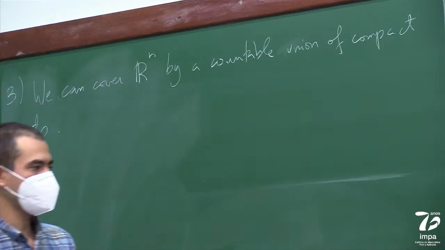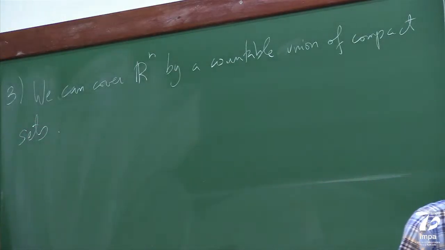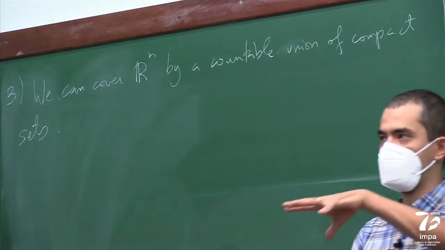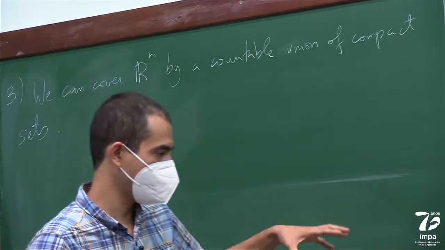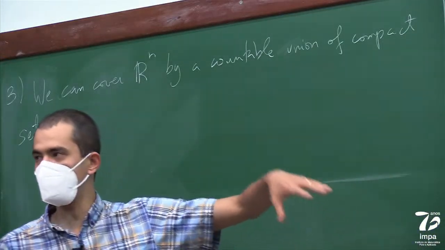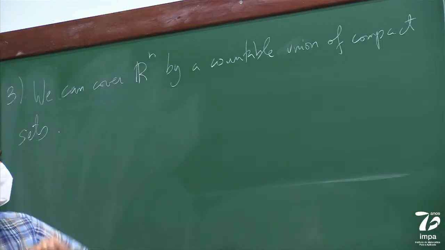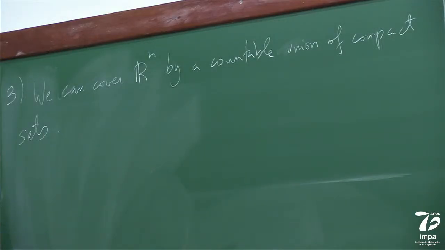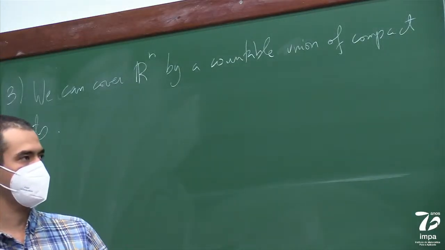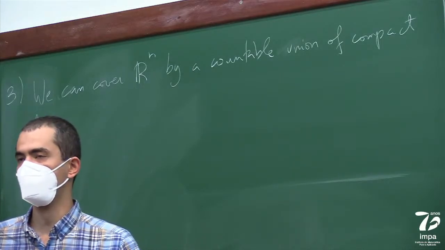So you might as well assume that S is already contained in a compact set, because if it's not, you can cover it with a countable union of them. So you can show that for each of these compact sets, the image of S intersected with this compact set has measure 0.